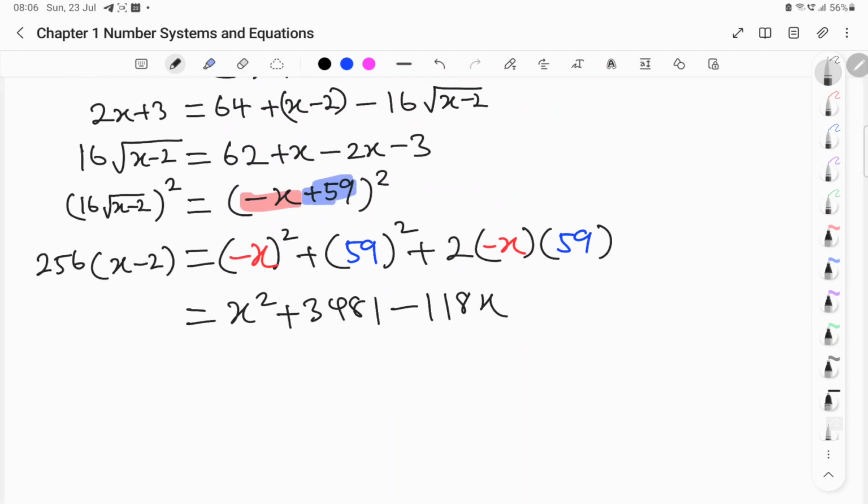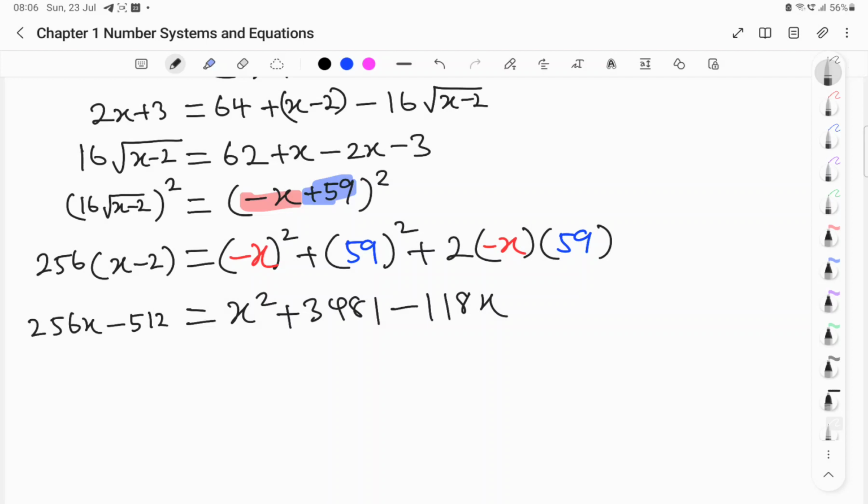Okay, so this one we need to expand, to have 256x minus 512. I think. Okay, yes, correct.